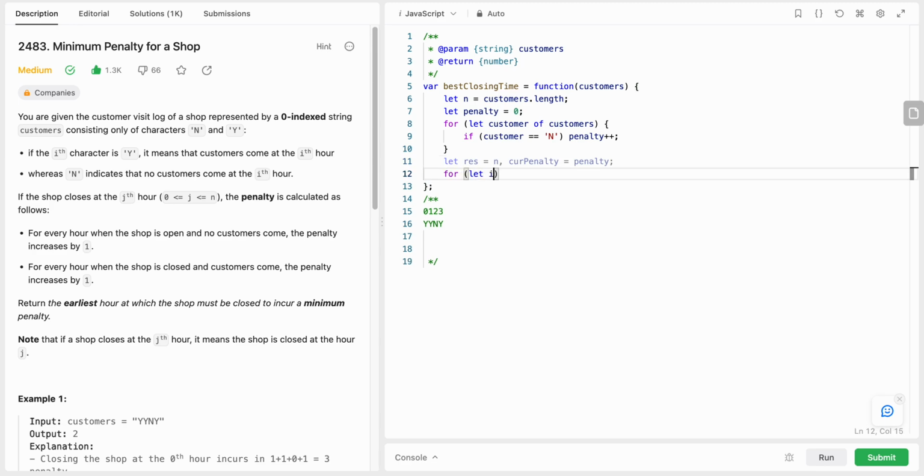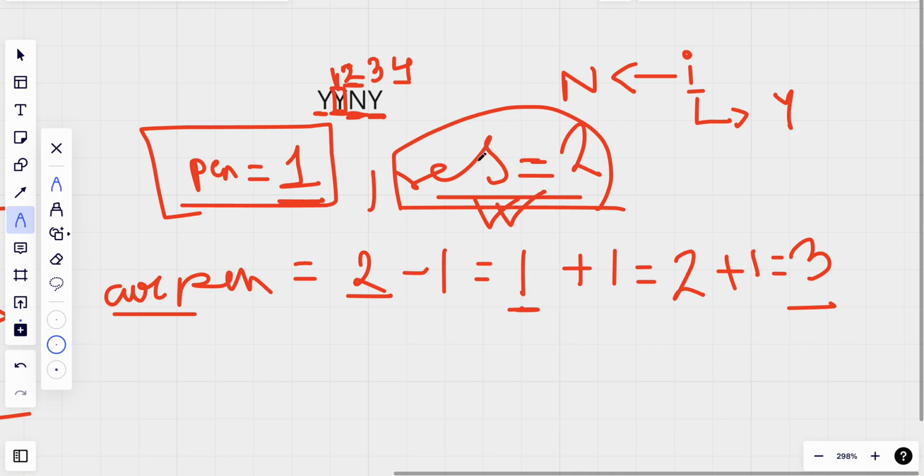Let's start from n minus 1, that is from index 3 for this example, while i is greater than or equal to 0, i minus minus. We check if the current value is y, then we add to our penalty, because we are closing at this hour and there is a customer coming, so our penalty is increasing.